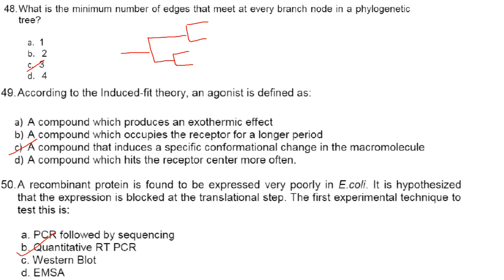This is the branch node, and these are the branches. Now, the minimum number of edges that meet at the branch node: 1 from here to here, this one 2, and this one 3. So the answer is option C, that is 3.